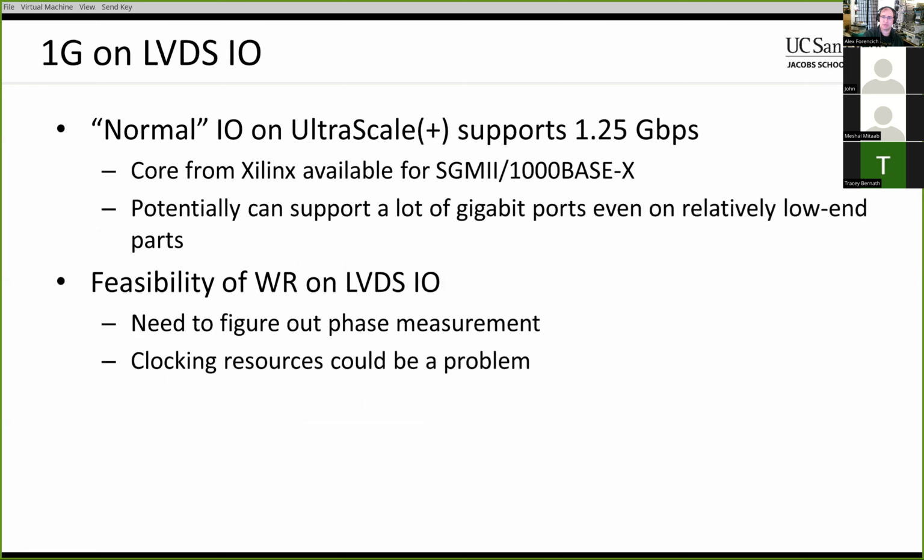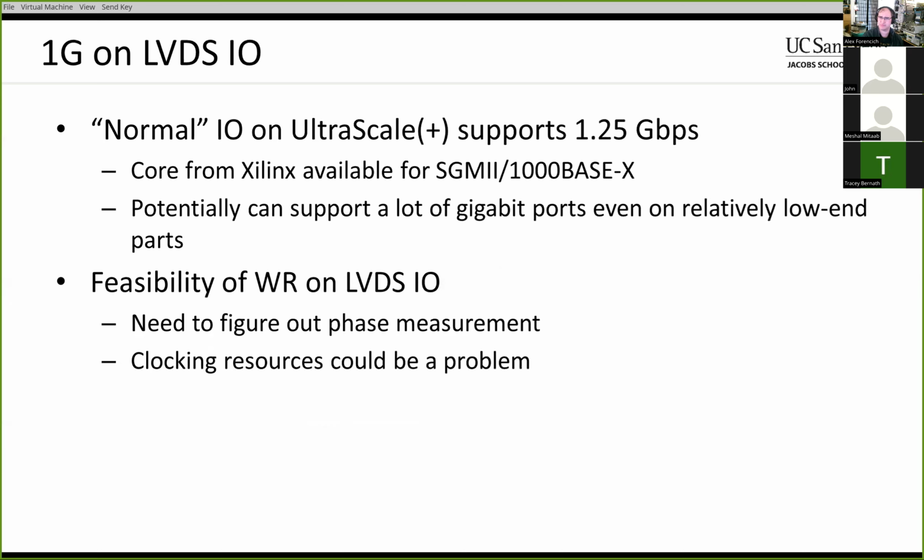Right. So the other thing is with ultra-scale devices, you can do 1.25 gigabits per second out of the normal LVDS I/O pins. And this is potentially quite useful because you can support a whole bunch of gigabit ports even on relatively low-end parts because you don't actually need the GTH, GTY, GTX transceivers.